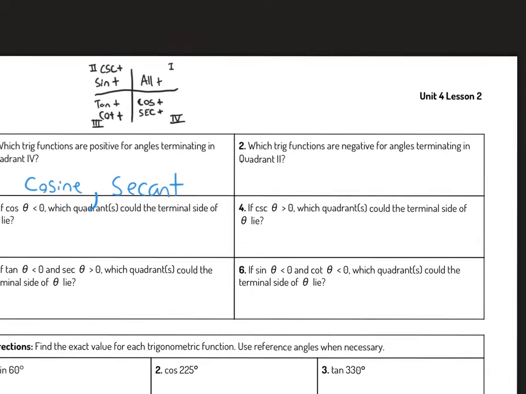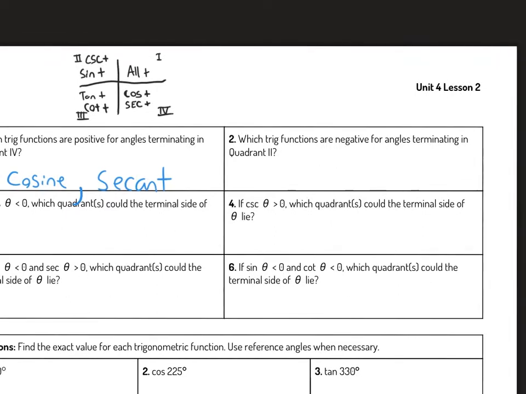All right, so what ones are negative? Well, not sine and cosecant, but all the other ones. So cosine, secant, tangent, and cotangent.